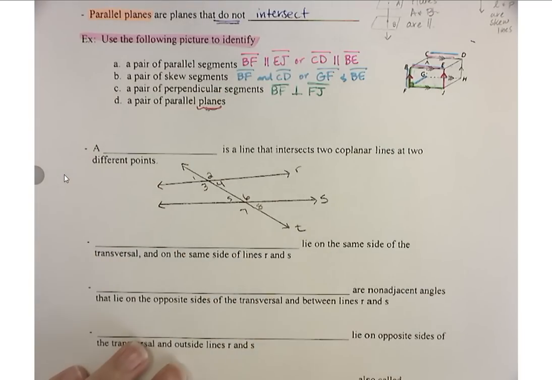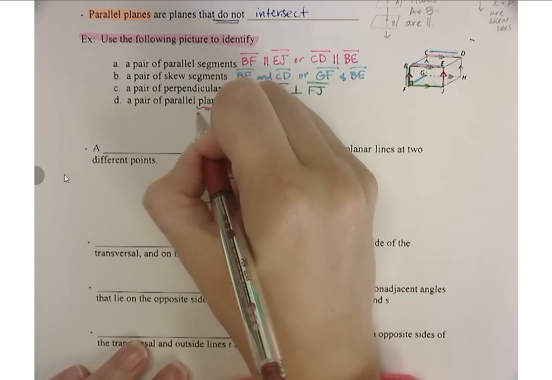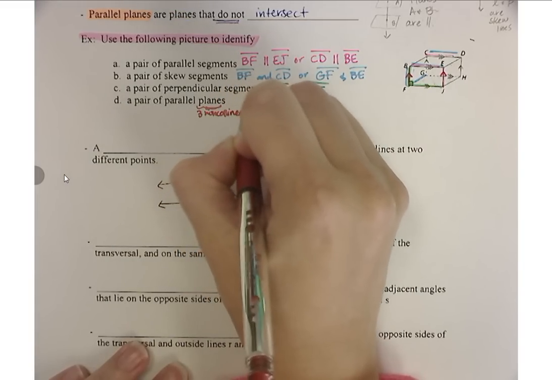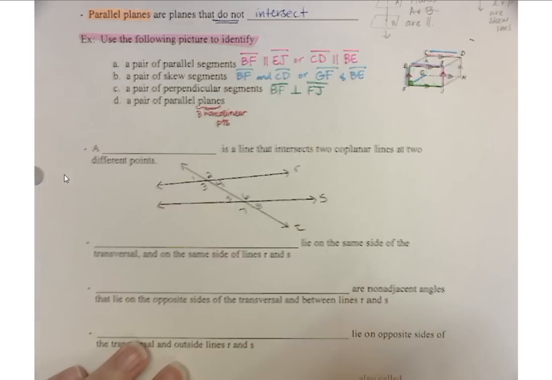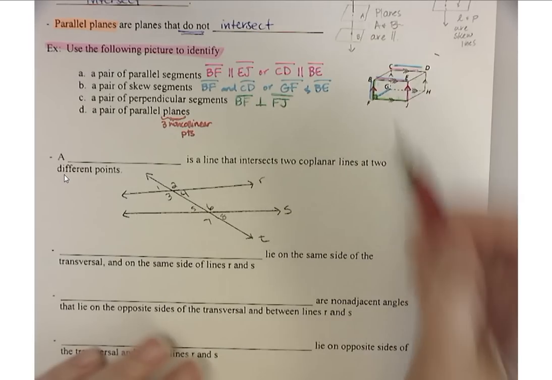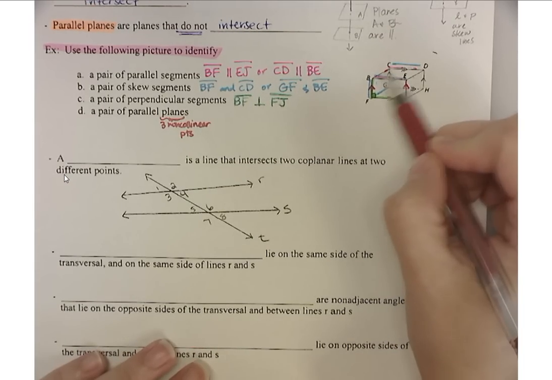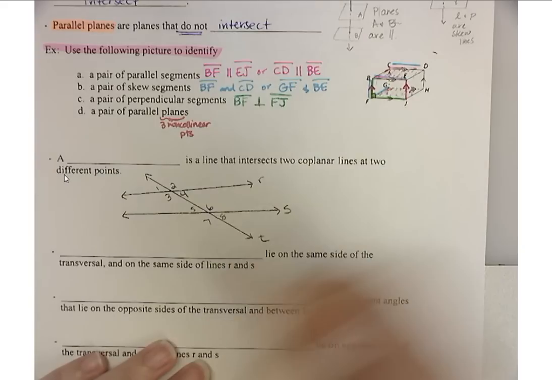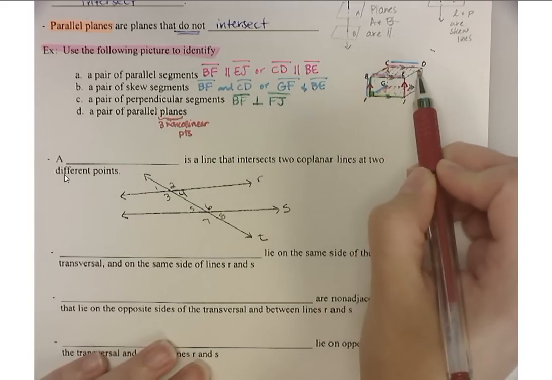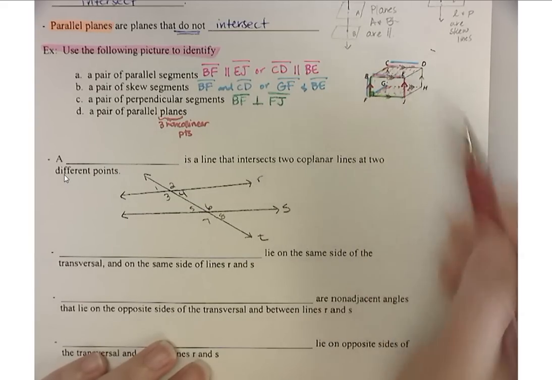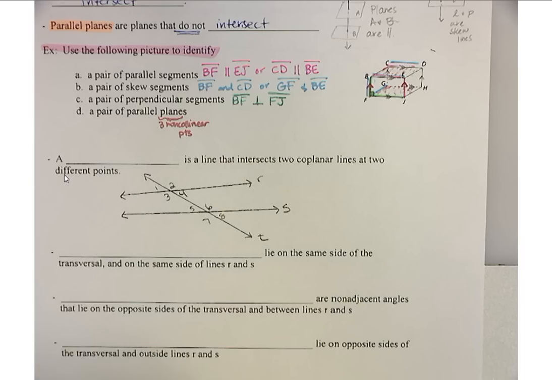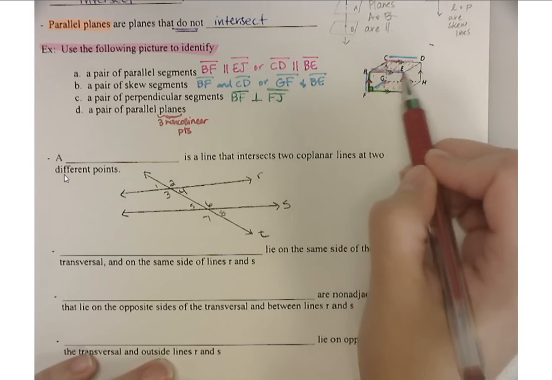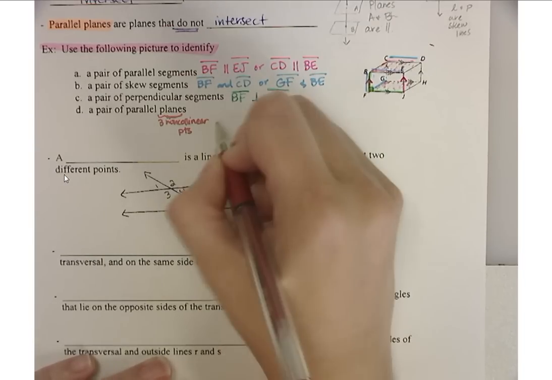So you're going to do your 3 non-collinear points when you're naming the planes. When I'm naming my planes, I'm going to think of the top of the box here and then the bottom of the box here. So I can use BCD, I can use CBE, any of those are fine. I'm going to use CBE for my top.